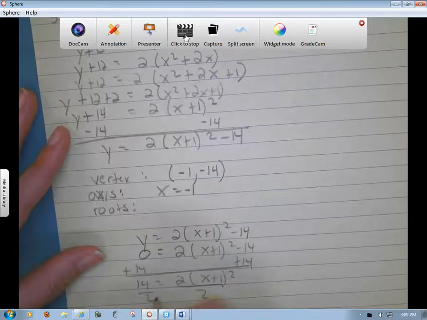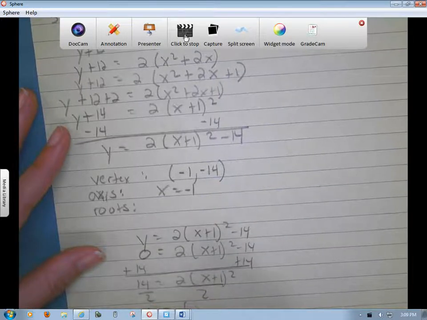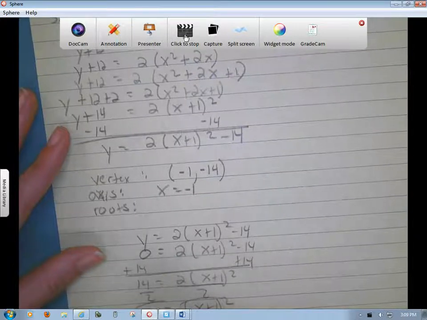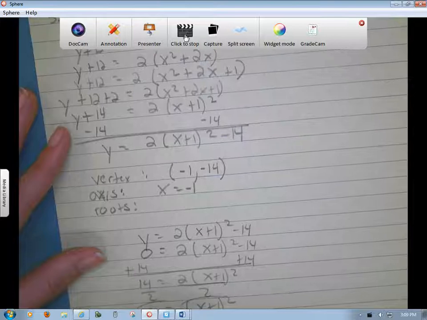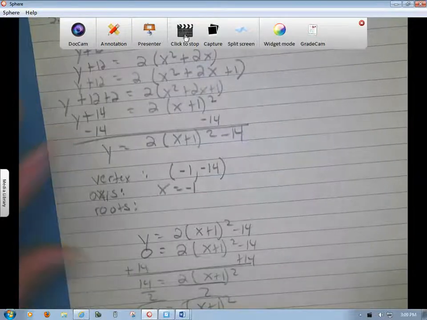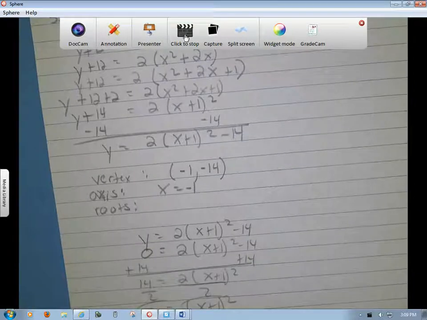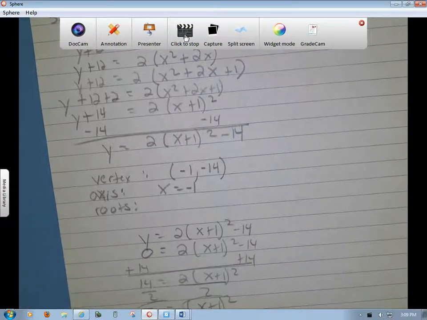Another one that's not going to be really pretty. And those are your roots. Okay, not real pretty, but that's what they are.